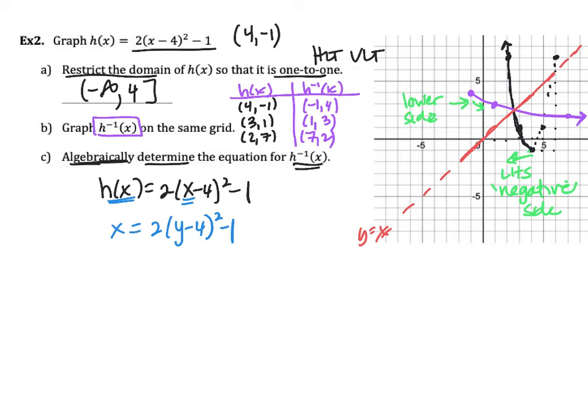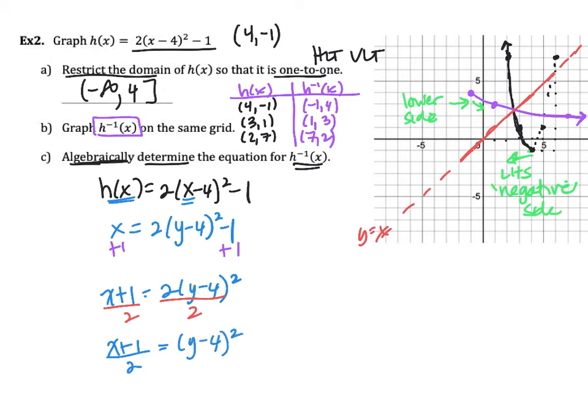So the first thing I have to do is add 1 to both sides. So I get x plus 1 equals 2 times y minus 4 squared. Then I need to divide by 2. So I get x plus 1 over 2 equals y minus 4 squared.